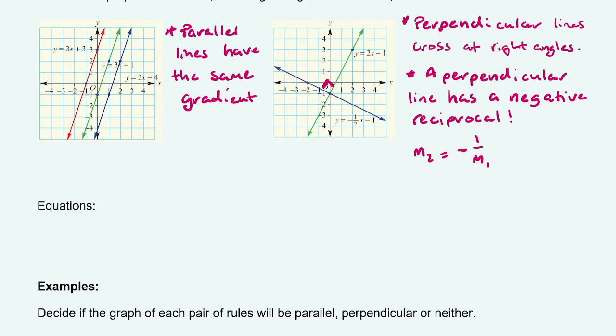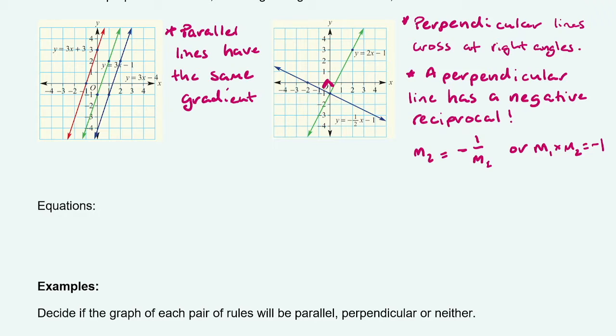That's what we're looking for. Another way that we can write it is M1 times M2 equals minus 1. Both of those things are the same. I like the idea of M2 is equal to negative 1 over M1.